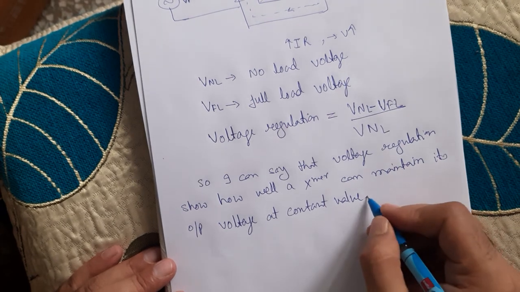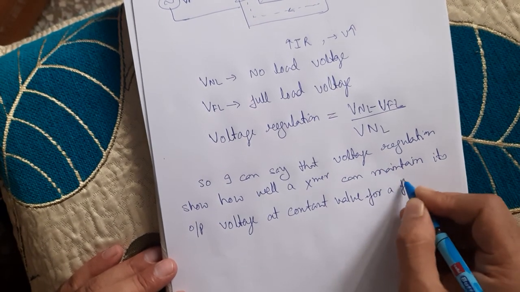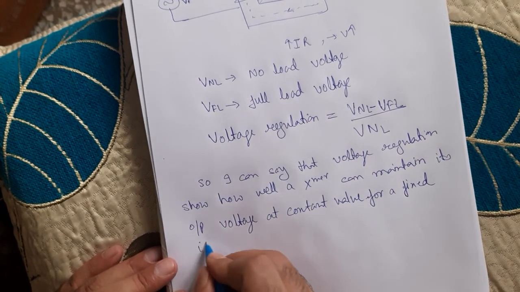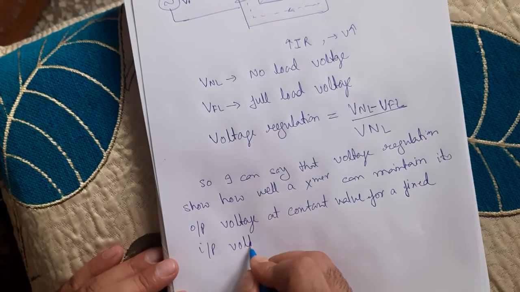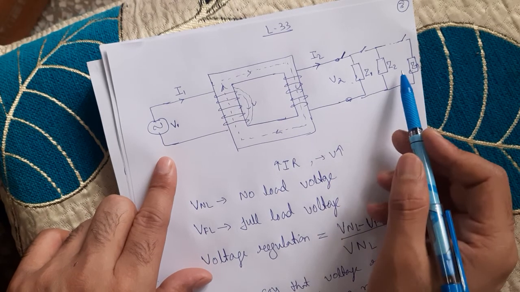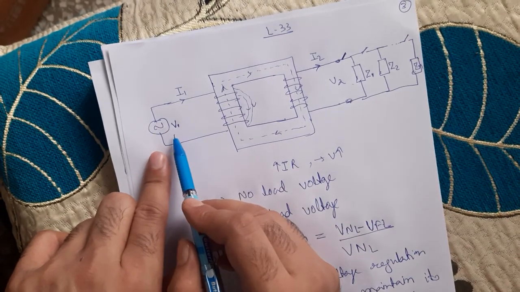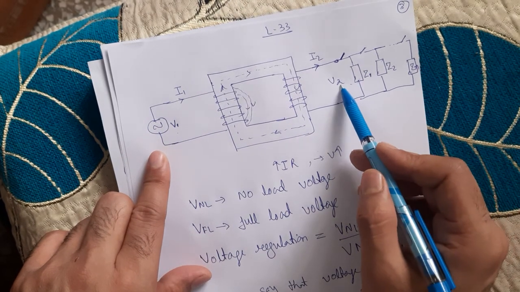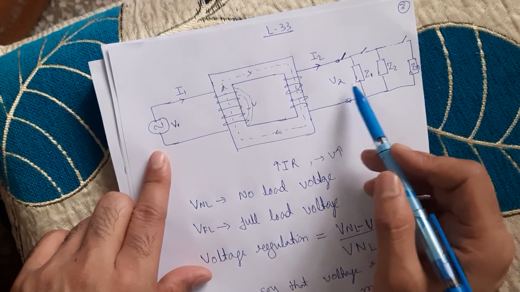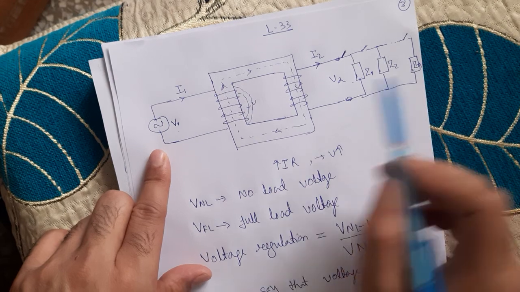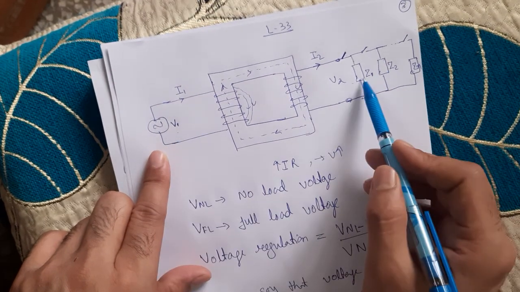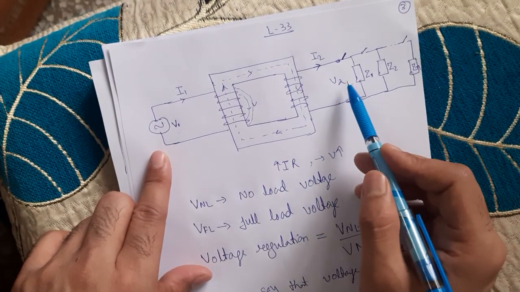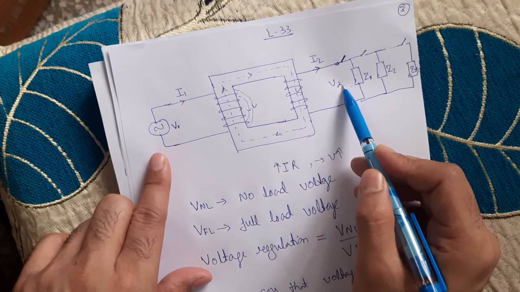Okay, at constant value, but for a fixed input voltage. So for a fixed input voltage means while increasing the load, you should note that the input voltage should not change, it should remain fixed. And you will see how much V2 is changing with the increase in load. V1 should be fixed, and with the increase in load, we will see how much this V2 will change.